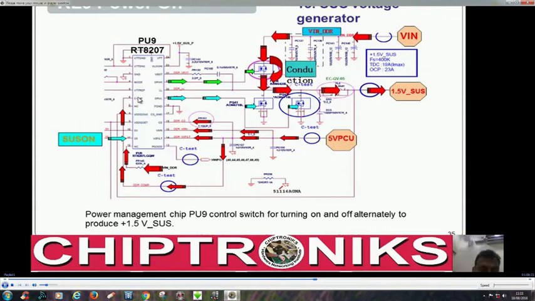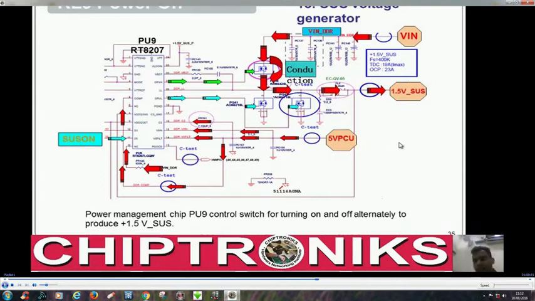This is connected to compare whether this 5V is there or not. So you need to check this capacitor also. In case this capacitor is faulty, then it will not give the correct comparison to this regulator, and hence the regulator will not work internally, and hence this drive high and drive low will not work properly, and hence this 1.5 volt SUS won't come.